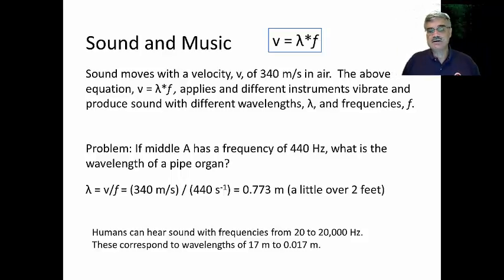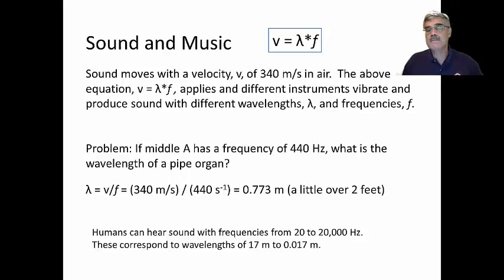Now humans can hear sound with a frequency that ranges from as low as about 20 hertz to as high as about 20,000 hertz. So about a 1,000-fold range in the frequency that humans can respond to. Other animals can respond to a broader range. I find it a little difficult to think about this in terms of hertz, and it makes more sense to me to convert this to wavelengths because I can see distance.